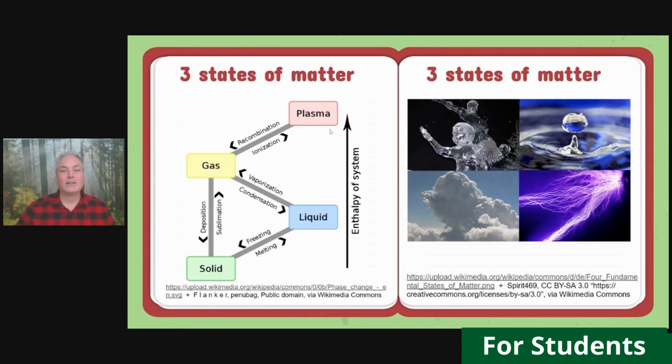Now, interestingly enough, if you give more energy to a gas, we end up with plasma. And here's an example where we have lightning going through the atmosphere and breaking down the actual molecule of water into its individual particles, so hydrogen and oxygen.